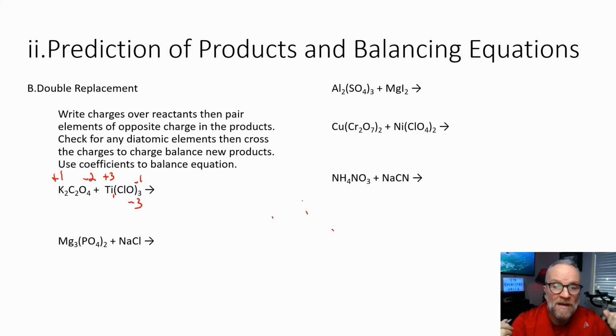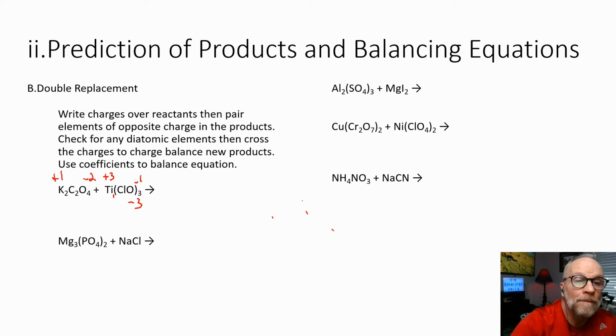So now we're at the high school dance, and potassium's dancing with Miss Dichromate, and titanium is dancing with hypochlorite. So they are friends in this group of dancers, and so they change place. And so potassium wants to learn the dance that titanium is teaching Miss Hypochlorite.